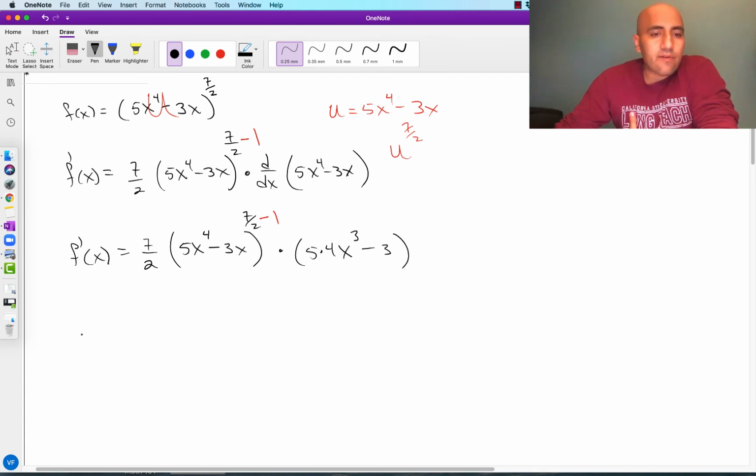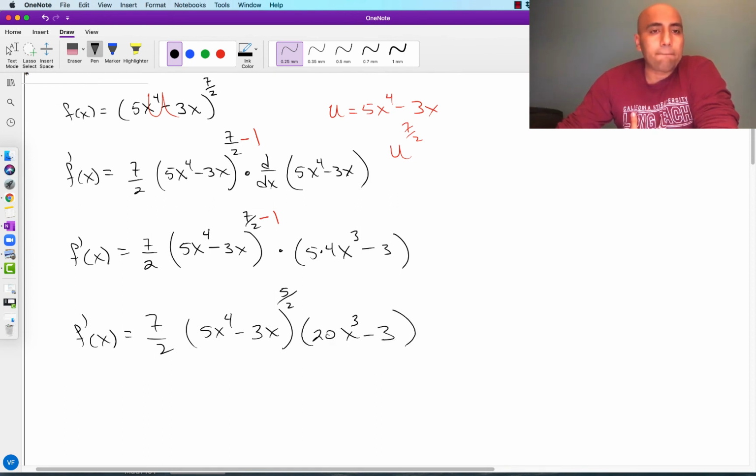And so this simplifies as, the first derivative is going to be equal to 7 over 2 times 5x to the 4th power minus 3x raised to the power of 5 divided by 2 times 20x to the 3rd power minus 3. There's our answer.